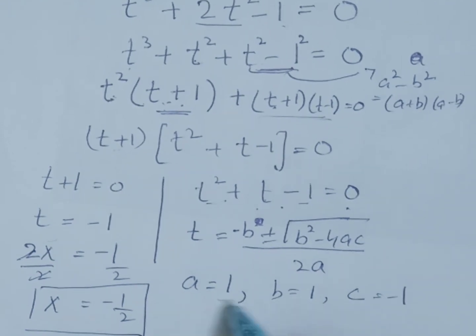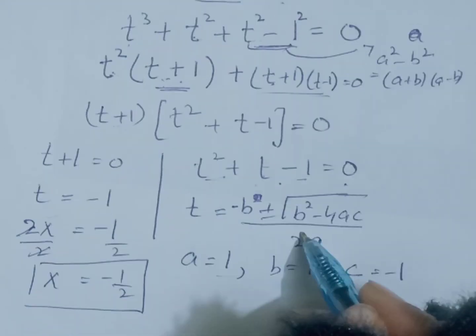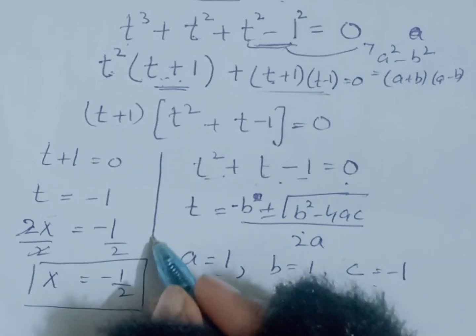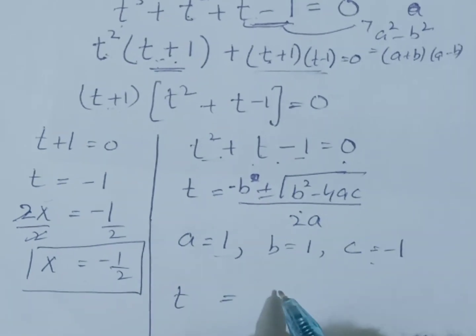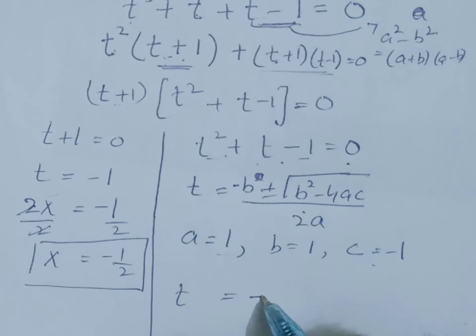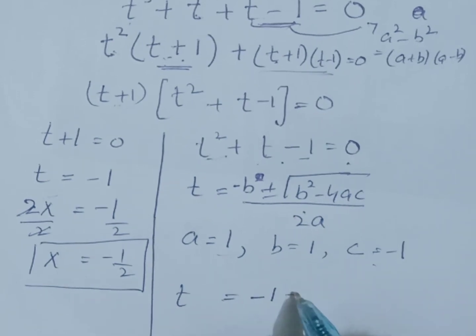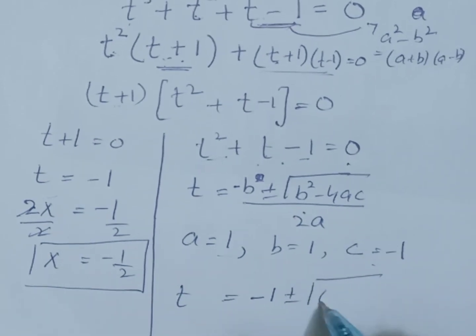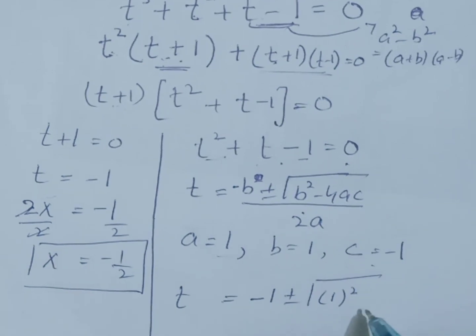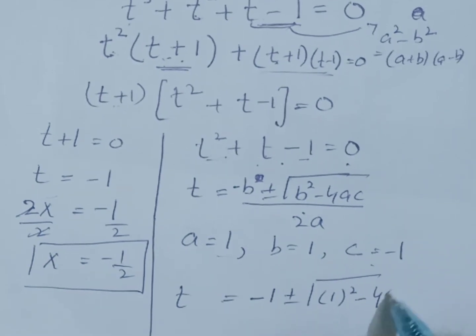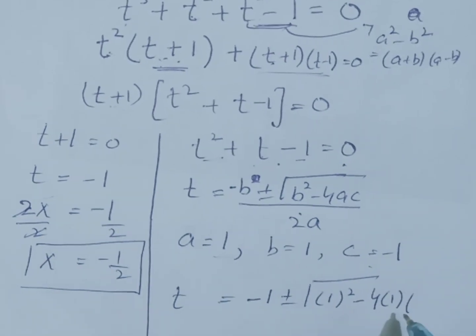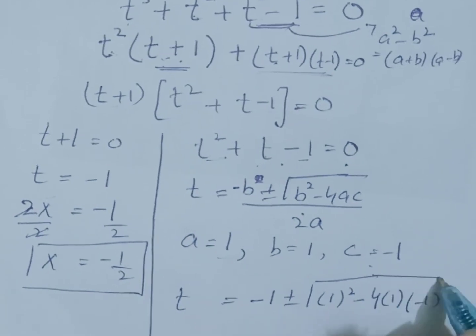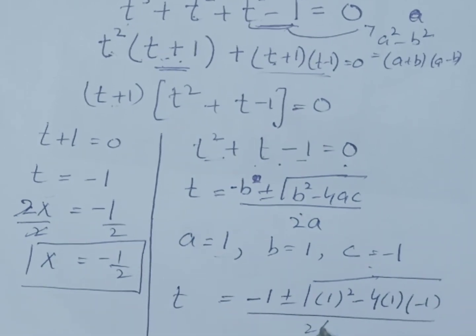So we put these values in the above formula. So we get t is equal to minus b, which is minus 1 plus minus square root 1 square minus 4, a is 1 and c is minus 1, divided by 2a.